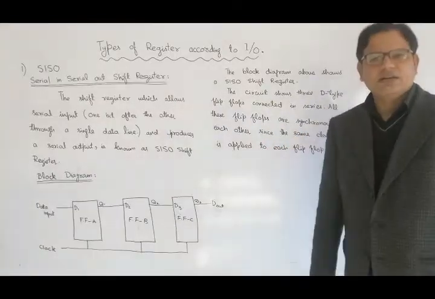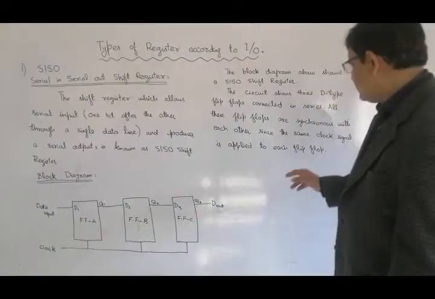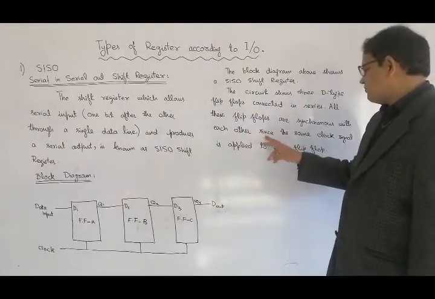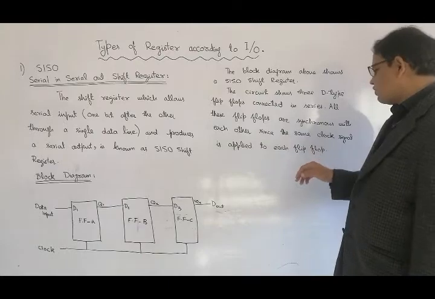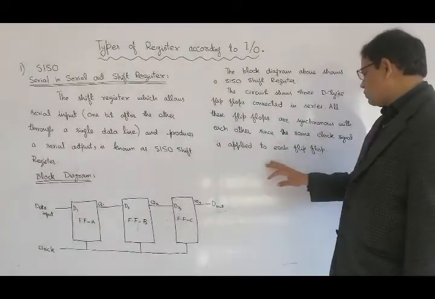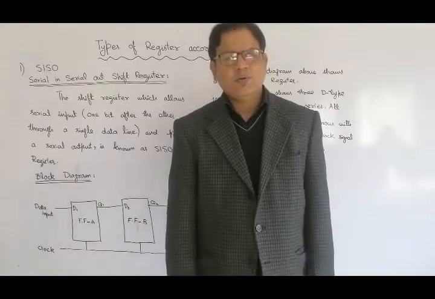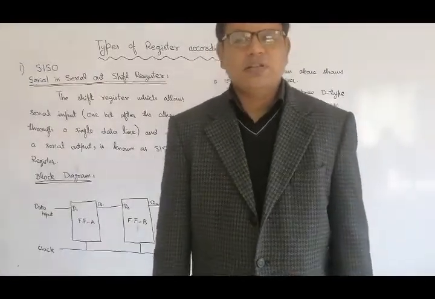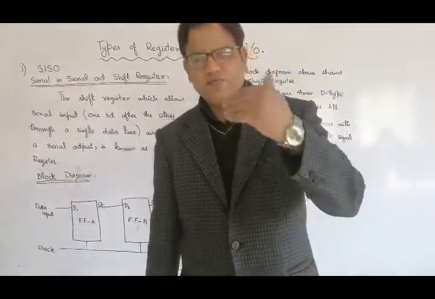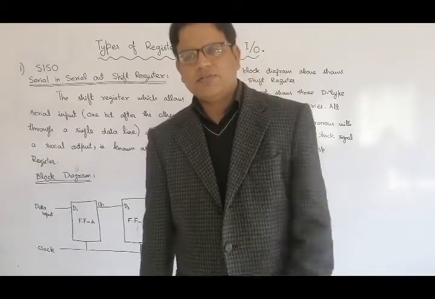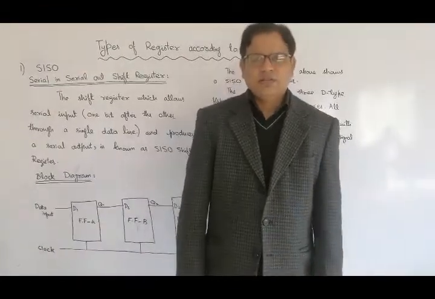Synchronous means giving the clock pulse to each other. Since the same clock pulse signal is applied to each flip-flop, the results will travel similarly from one shift register to the other, and the results will be the same.